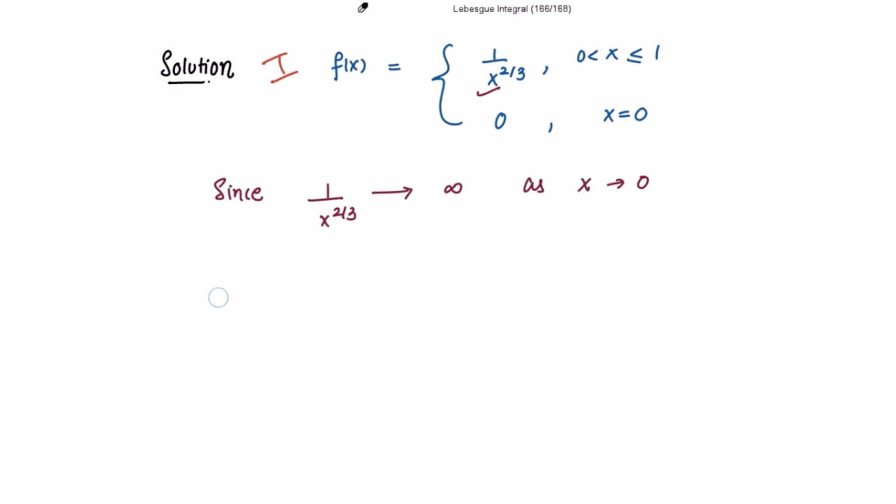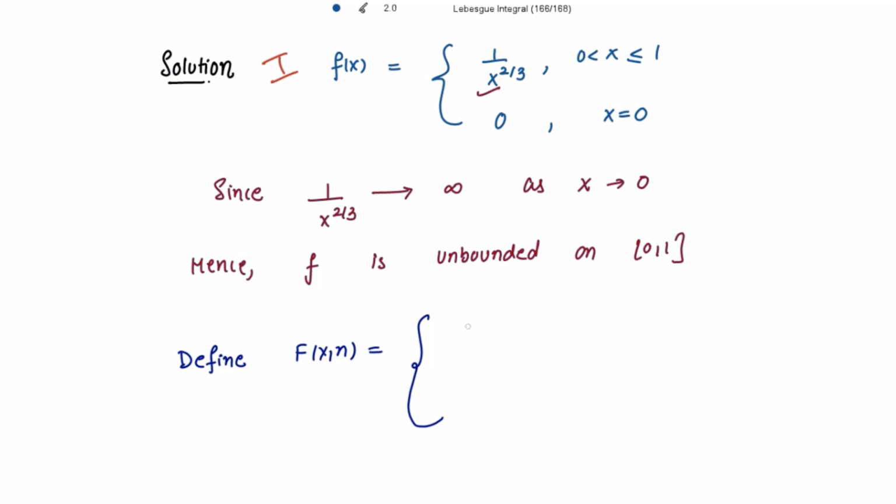Let's define the function f_n(x). It gives the value 1 divided by x to the power 2/3 for x greater than or equal to 1 divided by n to the power 3/2 and less than or equal to 1. It gives the value n for x greater than 0 and less than 1 divided by n to the power 3/2, and the value 0 for x equal to 0.